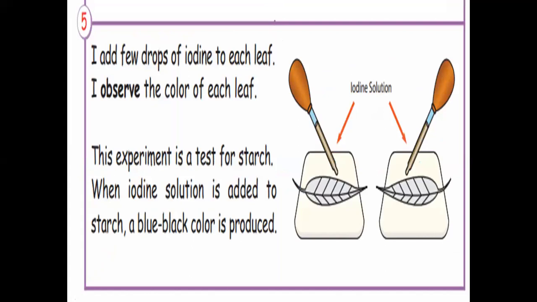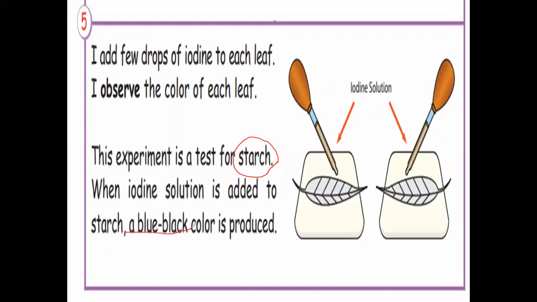And then we added a few drops of iodine solution. The iodine test is done to identify the presence of starch. If we have starch, a blue black or dark blue color is obtained.